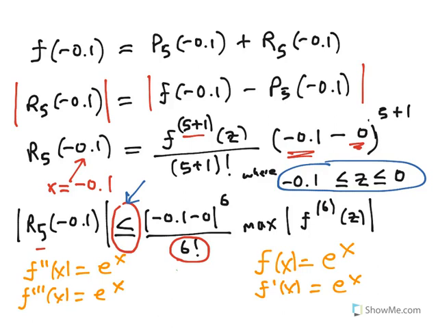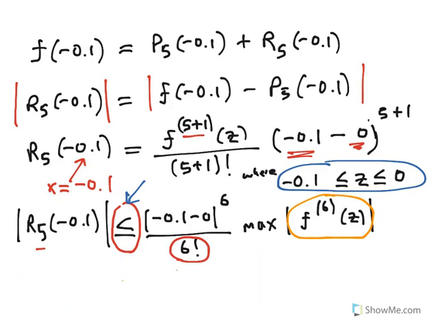The fifth derivative will be e to the x. And the sixth derivative would also be e to the x. Our original function is f of x equals e to the x. So I may replace the sixth derivative of f evaluated at z by e to the z.